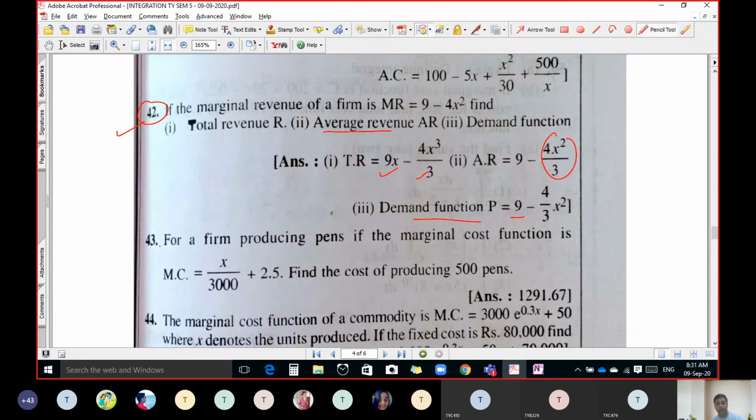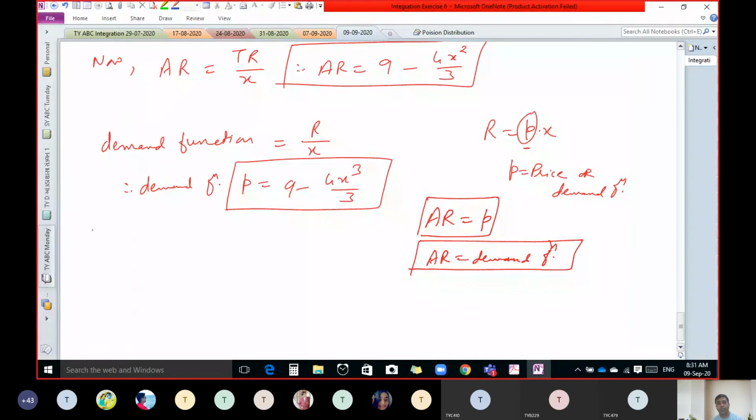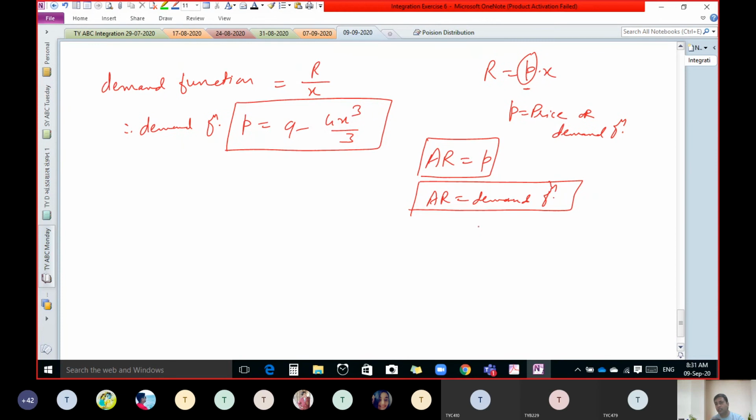I'm sorry, there is one point. Average revenue is always the same as the demand function. That is true. But average cost is different. It is not related to the demand function.